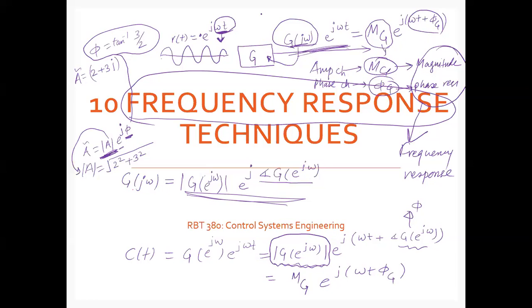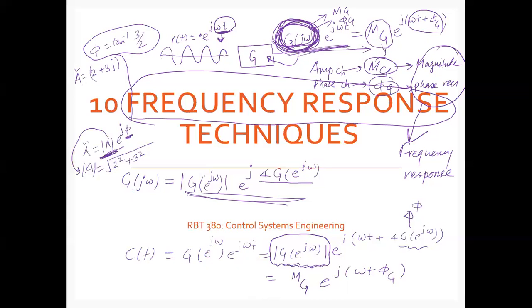In other words, this guy is the frequency response. This guy has two parts. One is the magnitude, which is M_G. The other part is phi G.